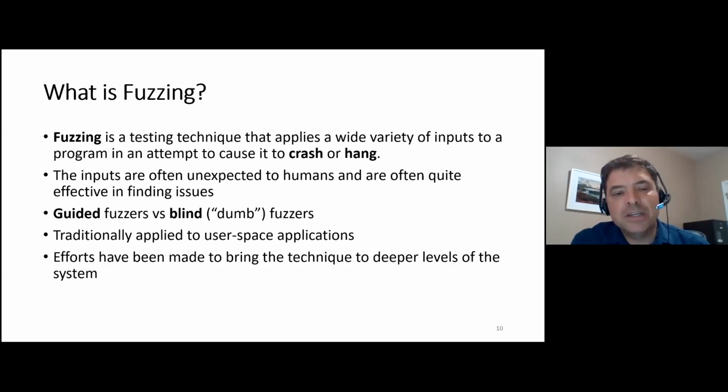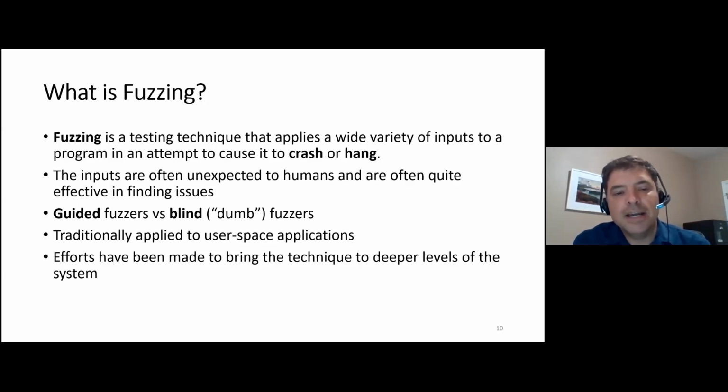And so in more recent years, the industry has shifted to guided fuzzers. The idea there is that the fuzzer will come up with some input, apply that input, and then observe whether that was useful or not. Useful could mean we were able to reach a new function that we haven't seen before, or come up with some new path through this program that has not yet been observed.